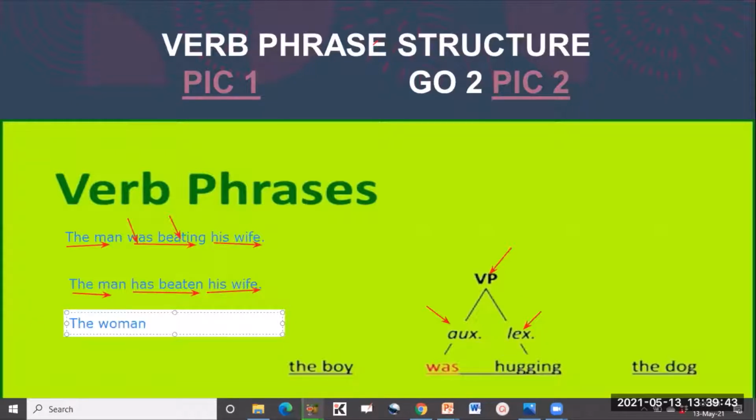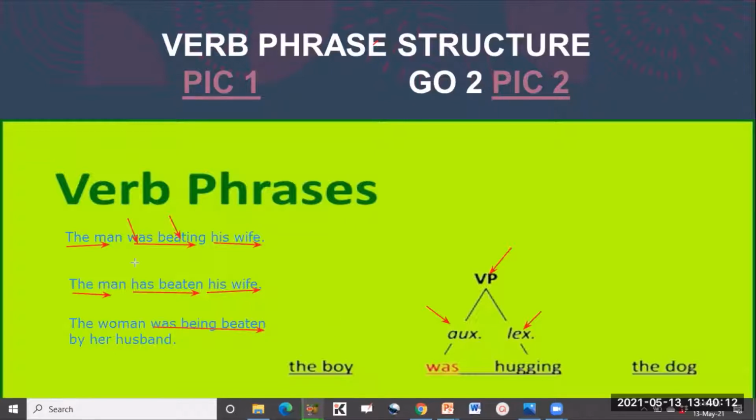The woman was being beaten by her husband. Now you can see here, when we analyze this, you discover that the verb phrase now has three verb elements instead of two.